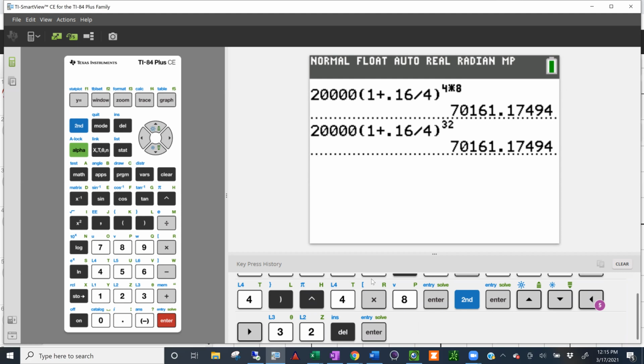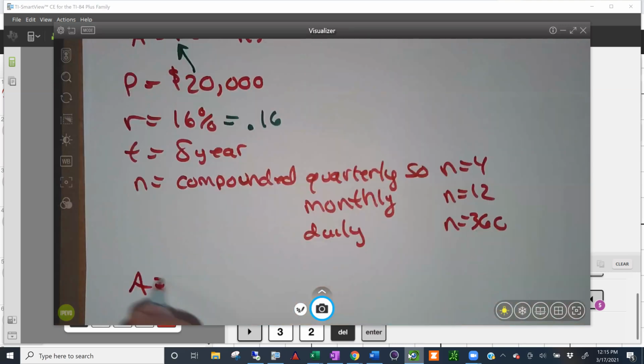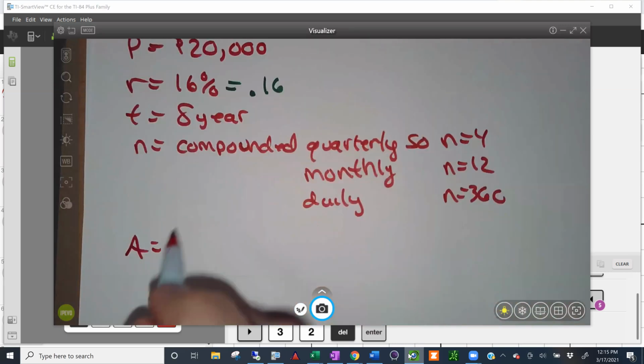Now, when you put this into WebAssign, you're going to have to make sure that you round it carefully. And they're going to ask that you round it to the nearest hundredth, which makes sense because the smallest denomination that we have available in our currency is a penny, which is 100th of a dollar. So plugging this all in, A, which is your amortized value.